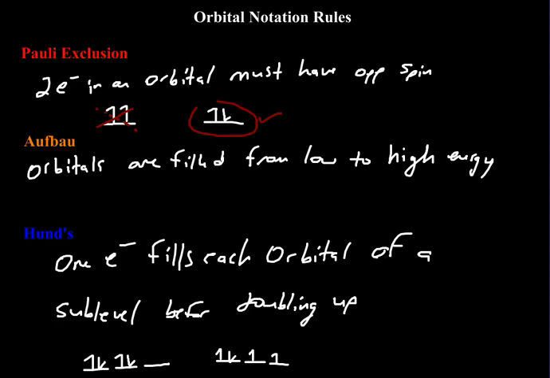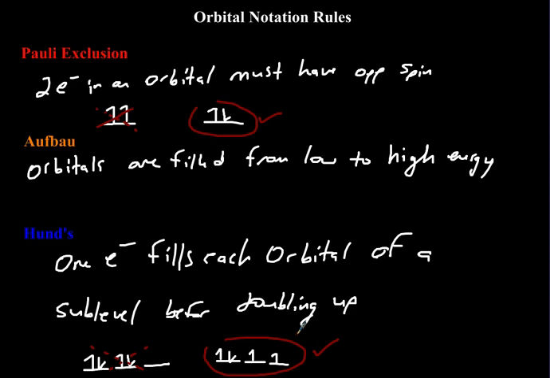This is the incorrect way of doing it because we didn't put 1 in each orbital before we started doubling up. In this one, I put 1 in each orbital, and then I went back to the left and started doubling up. So this would be the correct way of doing it. You always put 1 in each before you start doubling up.